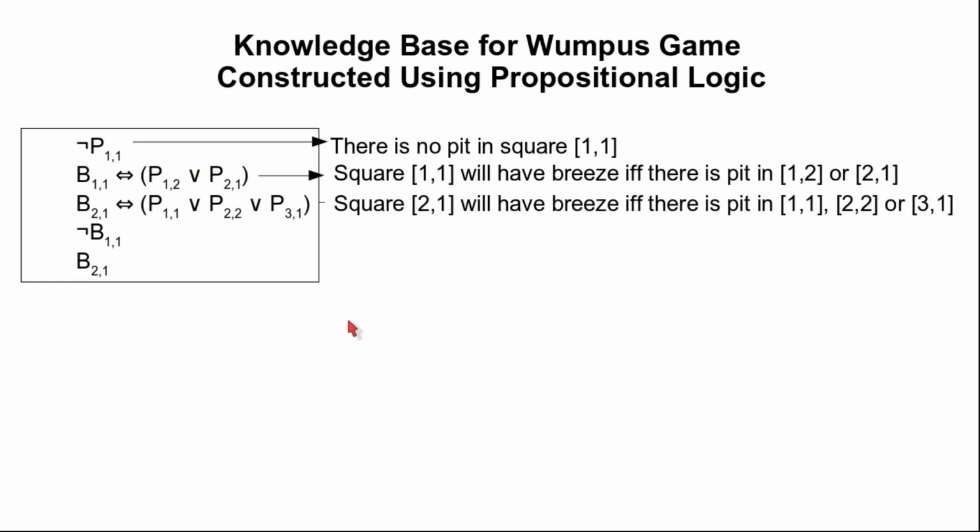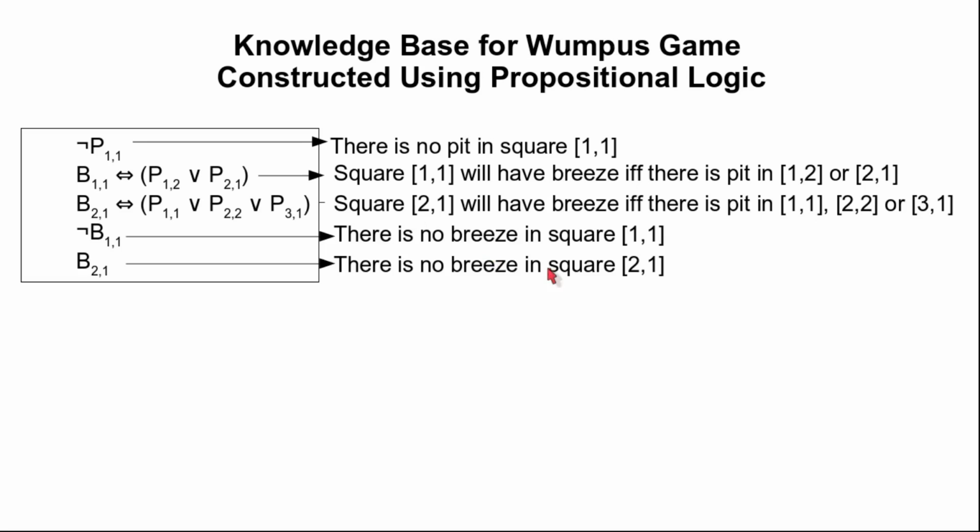The third sentence comes from the rule which says that square 2 1 will have a breeze if and only if there is a pit in square 1 1 or square 2 2 or square 3 1, because these 3 squares are adjacent to square 2 1. The next sentence says that there is no breeze in square 1 1, and the last sentence says that there is no breeze in square 2 1.